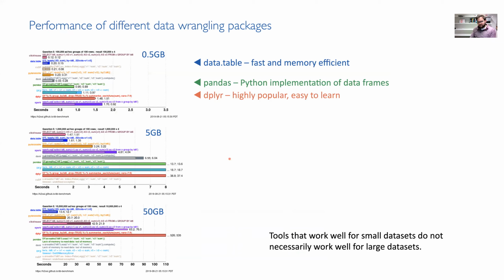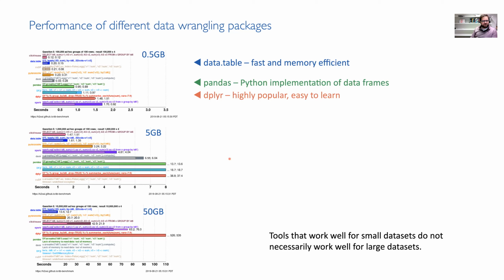Now the problem is, as I told you in the beginning, that we actually have data that is terabytes in size. So now we need a way of performing operations on these tables in a very efficient way.